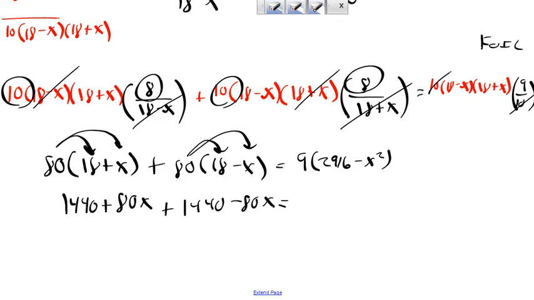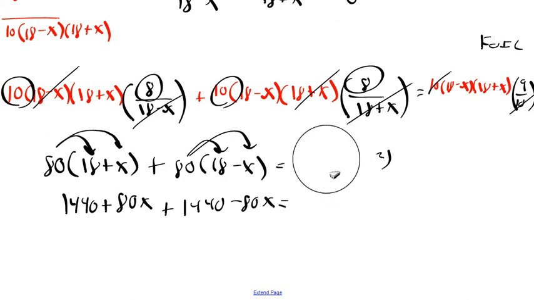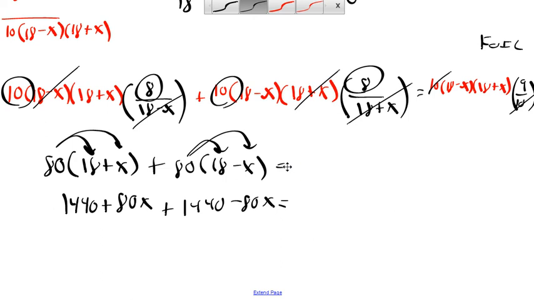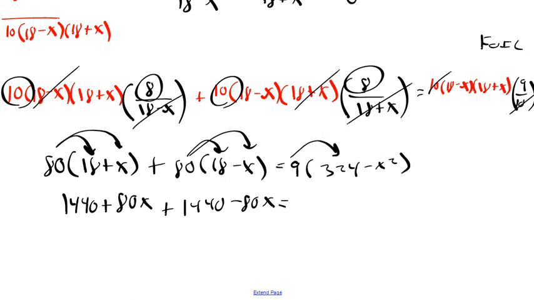So let me go back here. When you do FOIL, this is just 9 times, and then the FOIL part is just 324 minus x squared. Now when I distribute the 9, that's going to give us 2916 minus 9x squared.